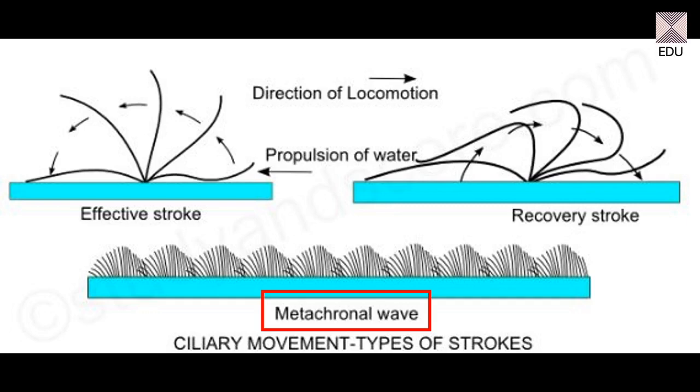There is not a situation where one cilium is moving towards the left and the second cilium is moving towards the right. In the case of paramecium, all the cilia are moving synchronously in groups. So that is called the metachronal rhythm or metachronal wave.